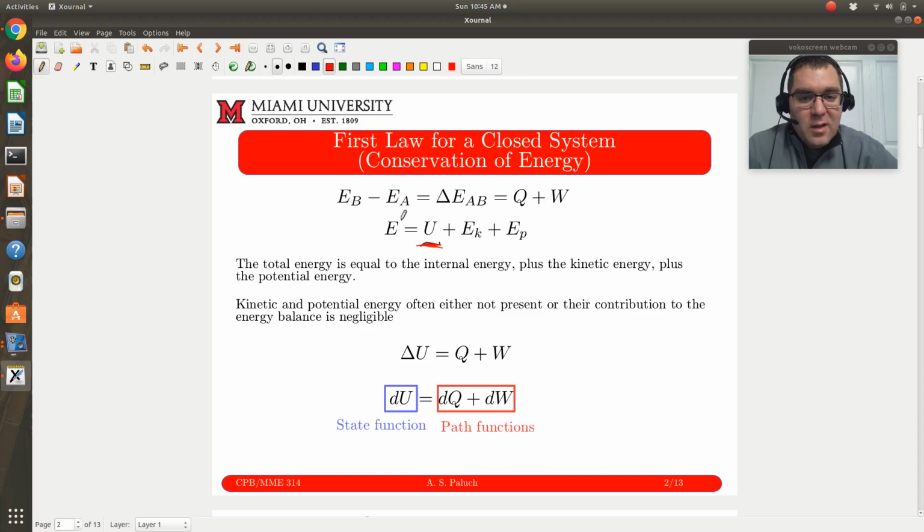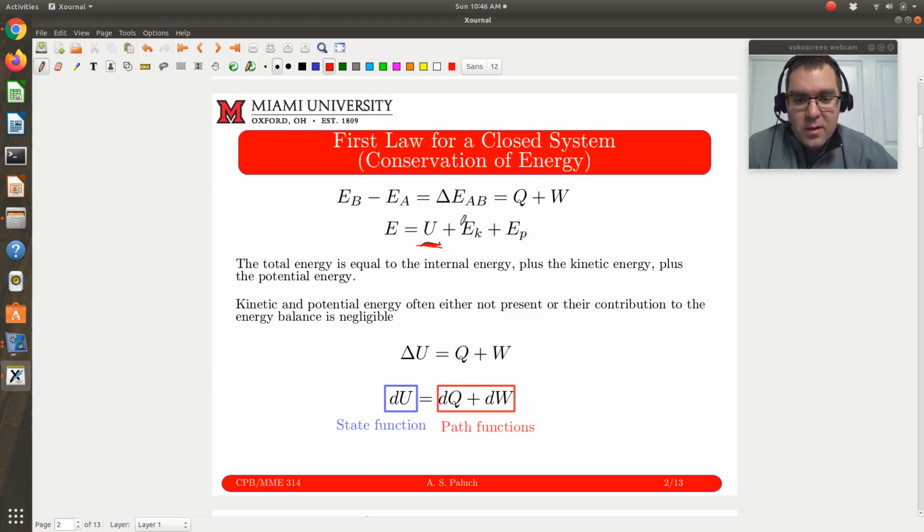But I mention this because there are certain situations where other energy terms would need to be included. So our first law balance, just in general, is your change in energy, and that could be any form of energy, is equal to Q plus W. Here we're going to think about energy as internal energy plus kinetic plus potential energy of your system, where typically the effect of kinetic and potential energy is negligible compared to our internal energy.